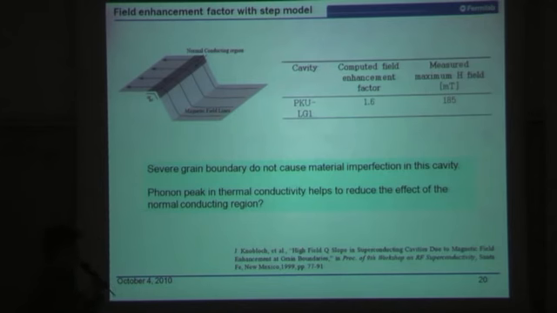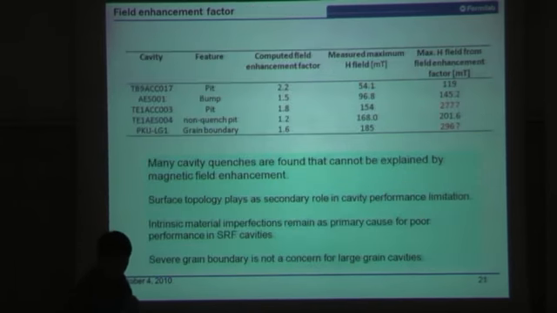And maybe the phonon peak actually helps to reduce the effect of this normal conducting region at this area. It's large. Because we know from Peter's processing notes that this cavity went through heat treatment at 1250 C. That usually brings the phonon peak back. But again, you look at the field enhancement factor, that's something very interesting.